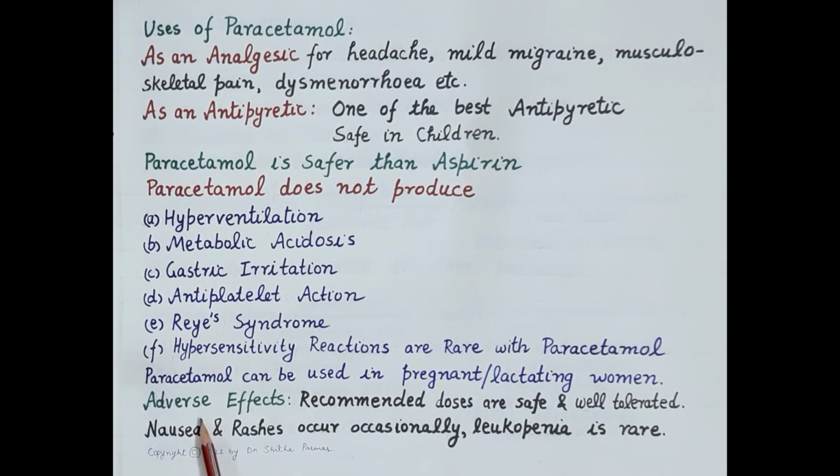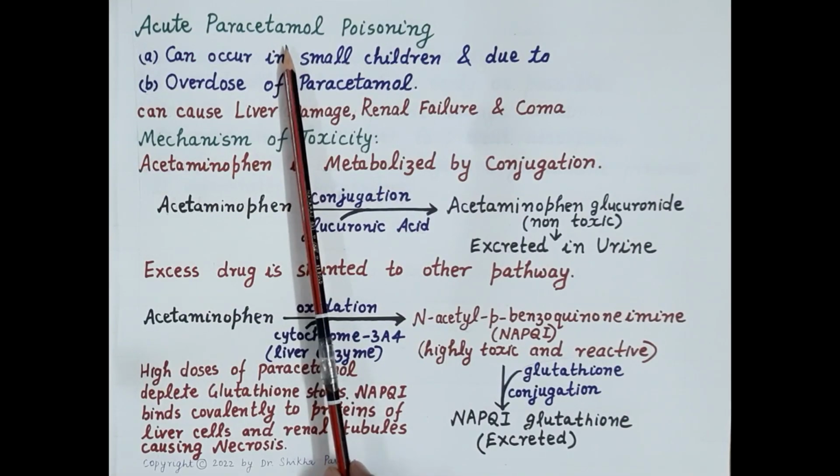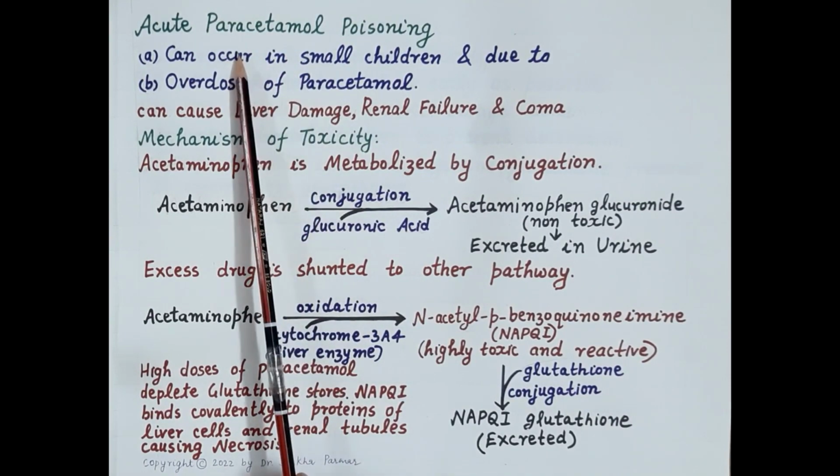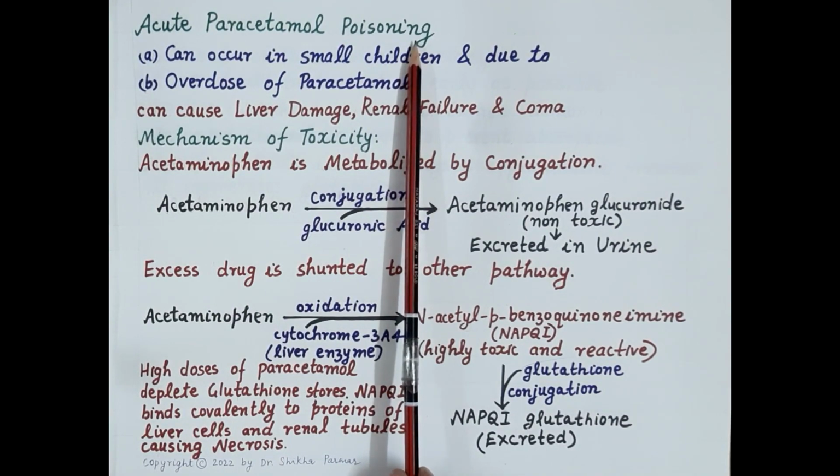Now let's discuss the adverse effects. In recommended doses, paracetamol is safe as well as well tolerated. Mild side effects like nausea and rash occur occasionally. Leukopenia is rare. However, in high doses, paracetamol or acetaminophen can cause liver and kidney damage. Acetaminophen is very well tolerated, but paracetamol toxicity or acute paracetamol poisoning can occur in children.